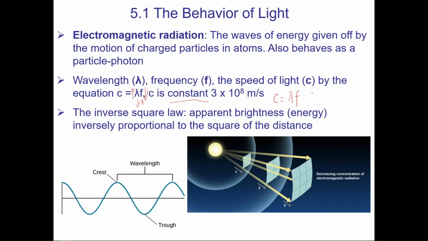Just to give you an example, if the wavelength is 10 and the frequency is 1, 10 times 1, you have a constant number, 10. However, if the wavelength becomes 5, the frequency will increase, just to make sure their product is still 10.